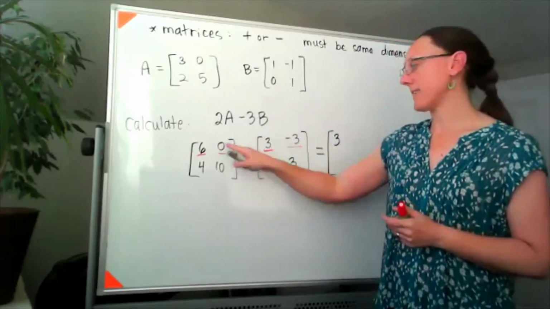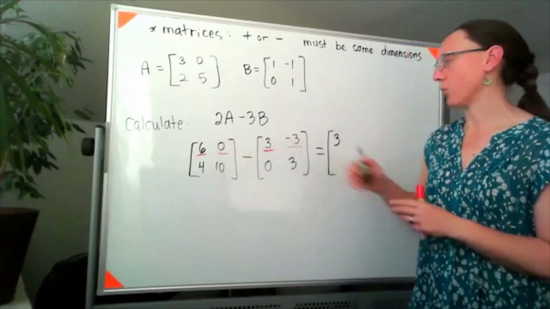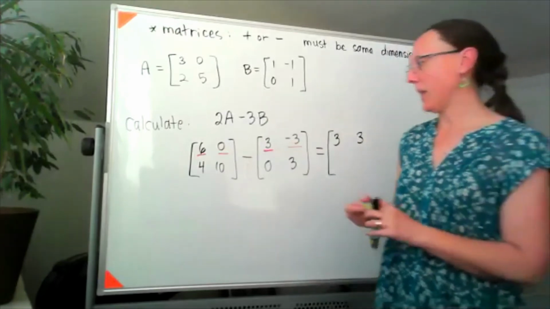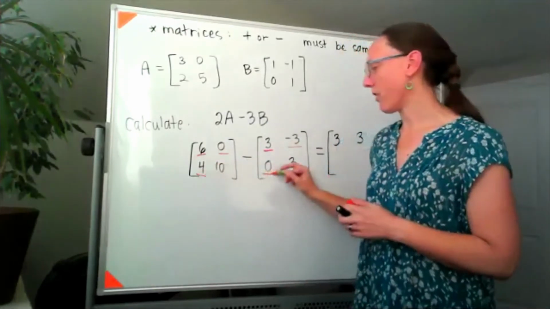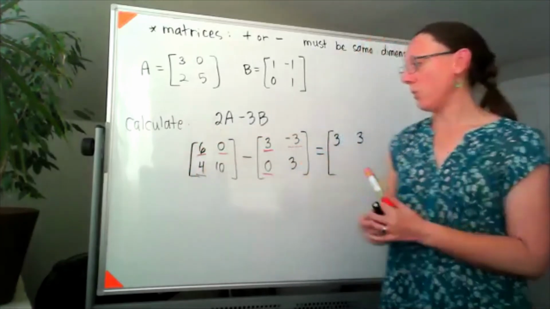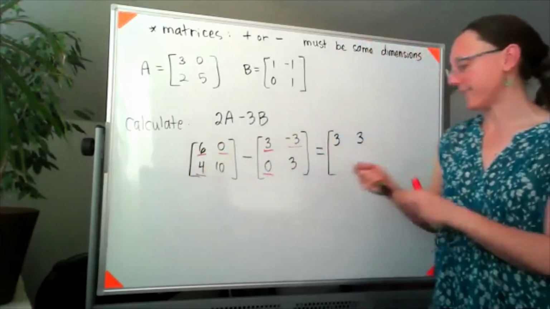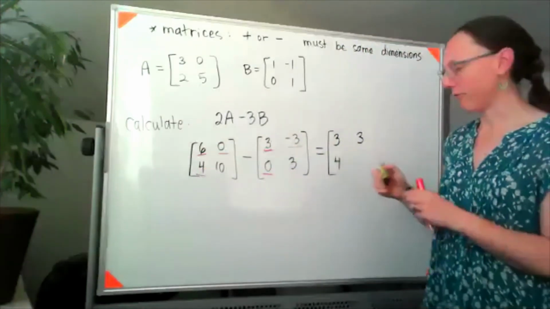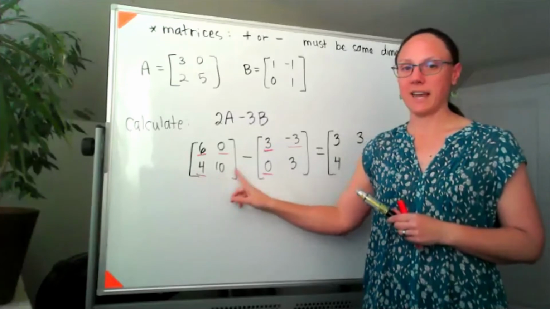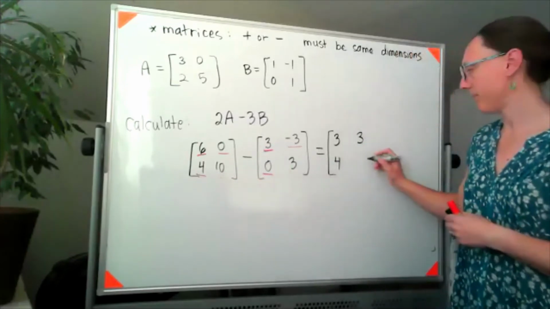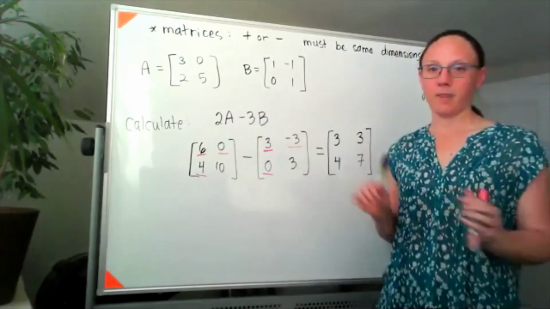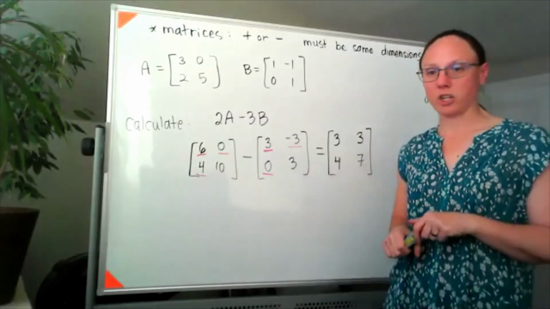So I'm going to take 0 minus negative 3 and get a positive 3 back. The 4 and the 0 are both sitting in row 2, column 1. So I'll have 4 minus 0 and get 4. And for my last set of entries, in row 2, column 2, I'll have 10 minus 3. Yay! There's my subtraction.